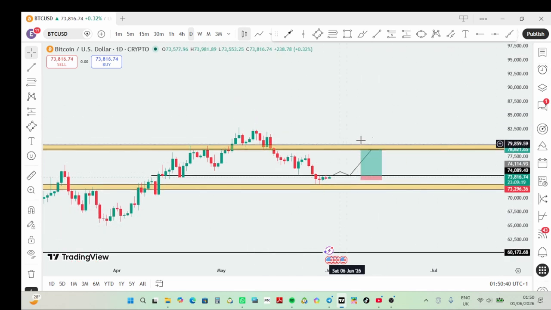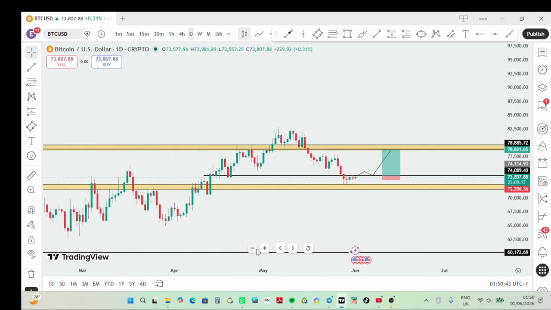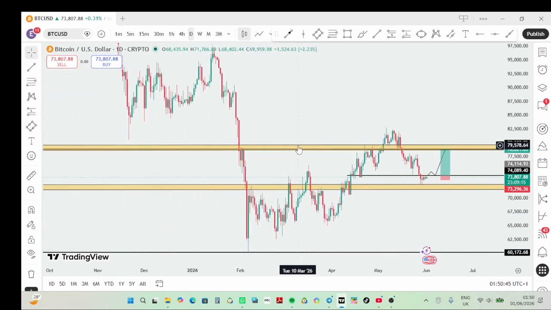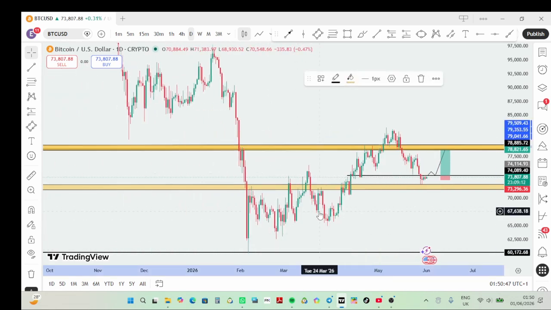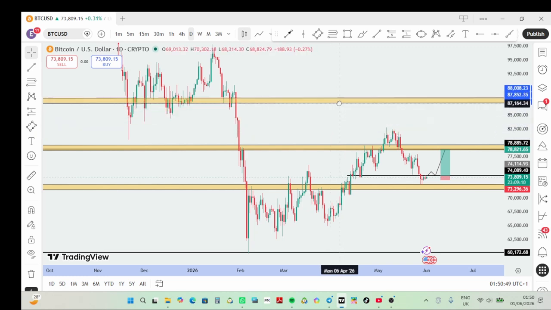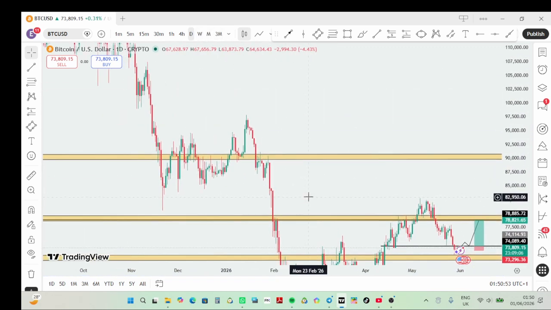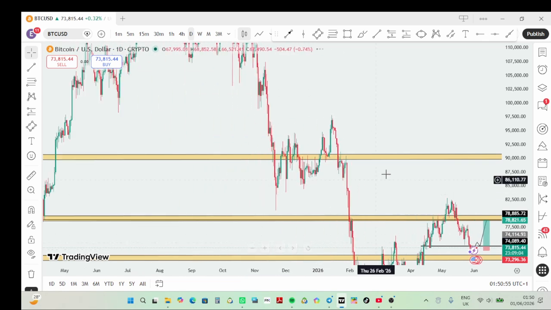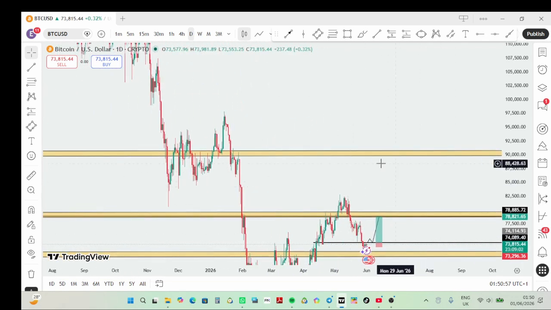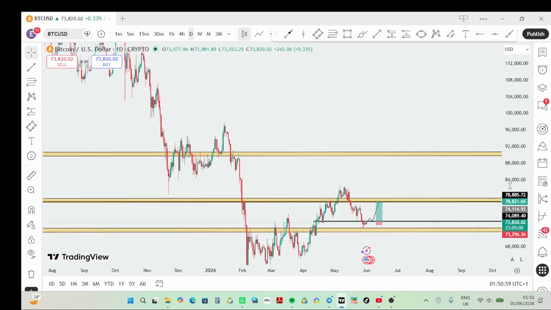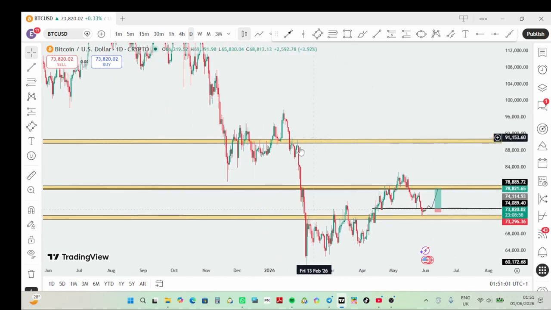If the market breaks off from here, I can be talking about this area. Talking about BTC, it may come to 90,000. That is BTC.